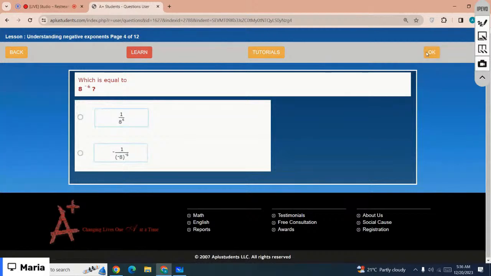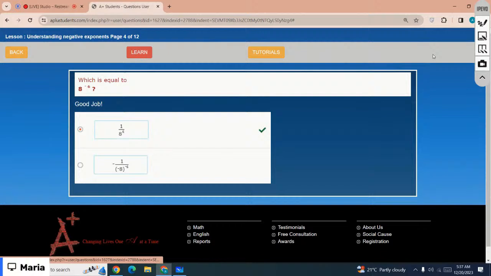Okay, which is equal to 8 exponent negative 6, which is the correct option? Yes, option number 1 is the correct option.